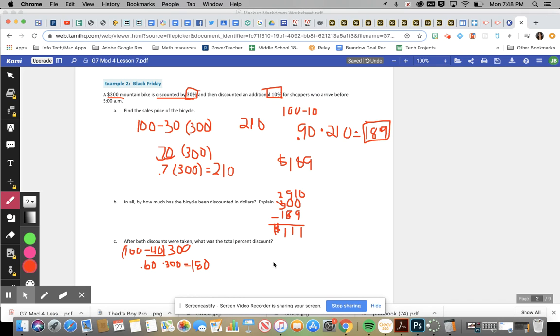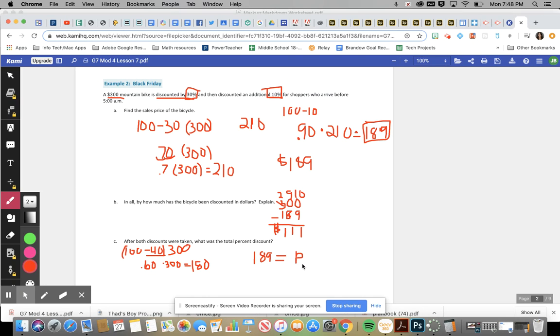So the way that we show this, the actual percent of discount, is we take the amount of sale, the price that it is on sale, and we don't know the percent, so we'll put a P for the percent.